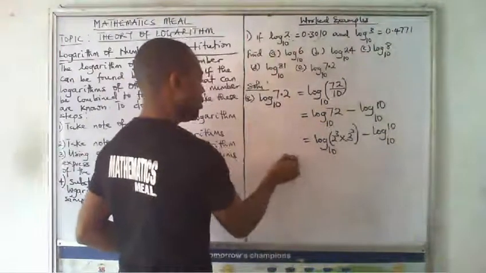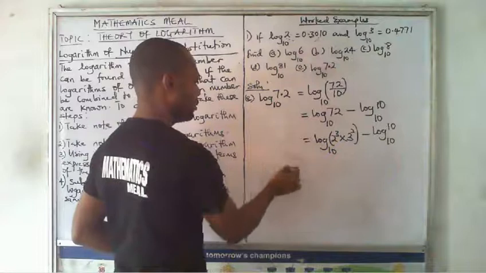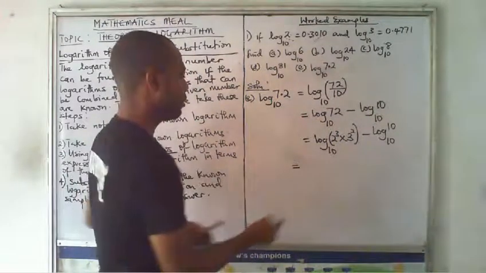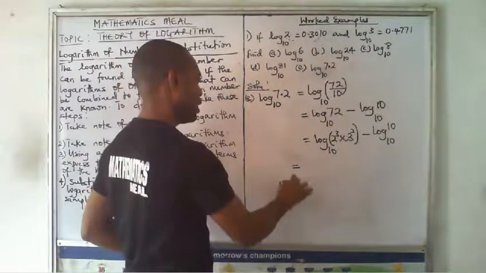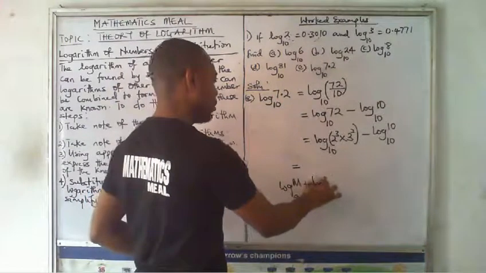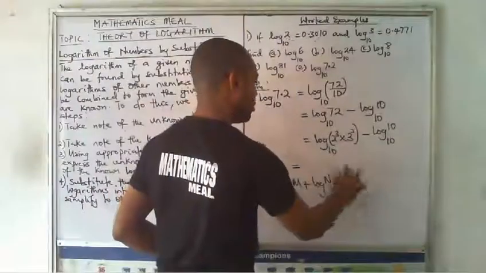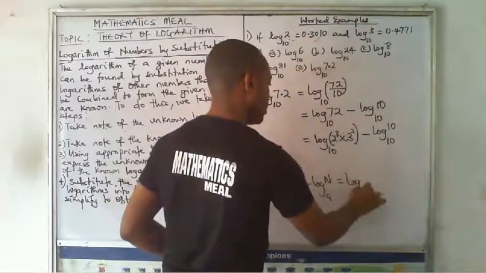Now, an additional law will be applied. When these are multiplying, you remember that log m in base a plus log n in base a is log of m times n in base a.